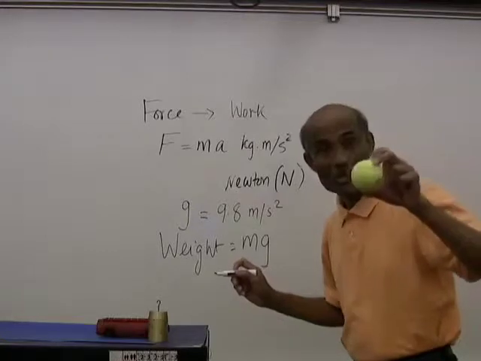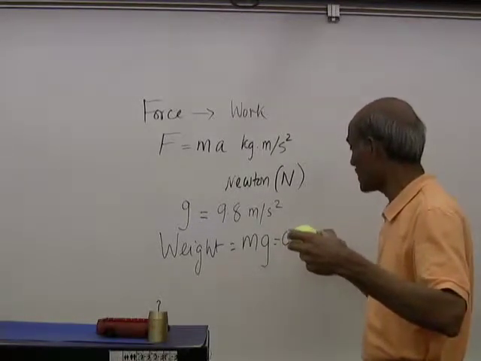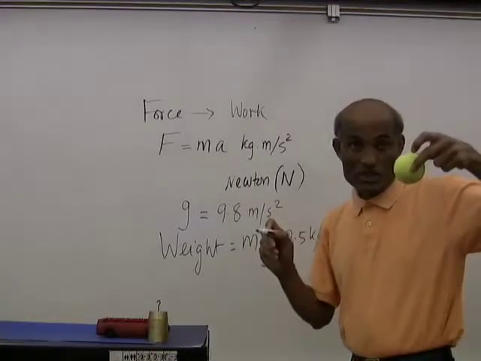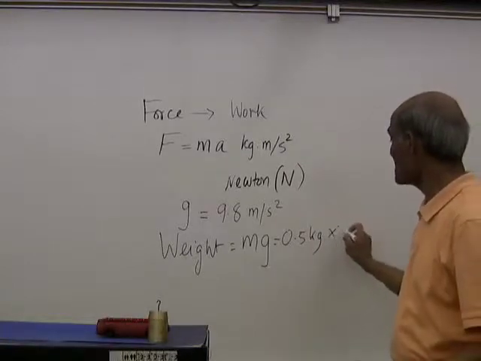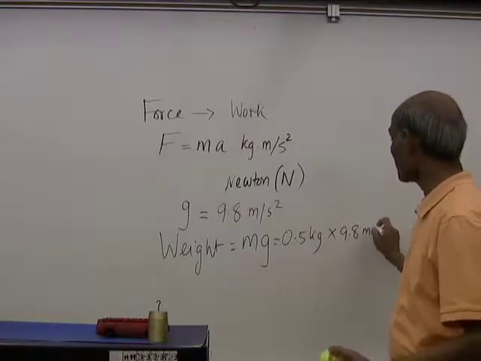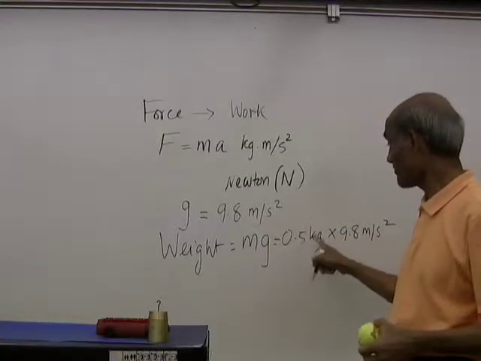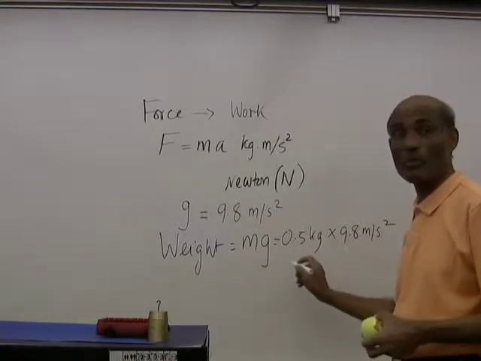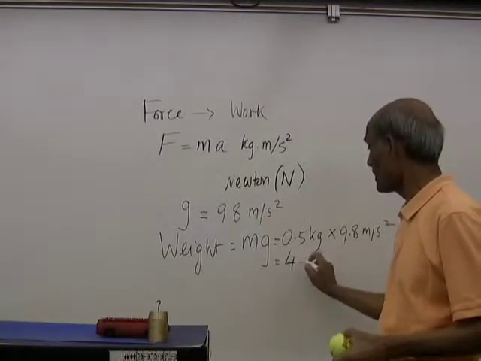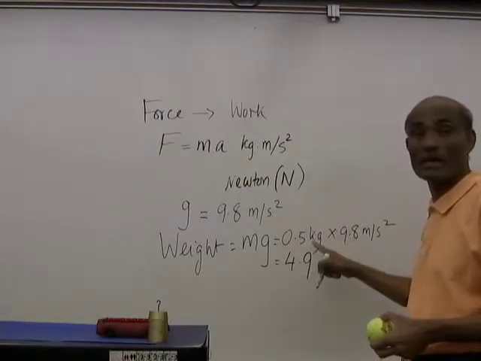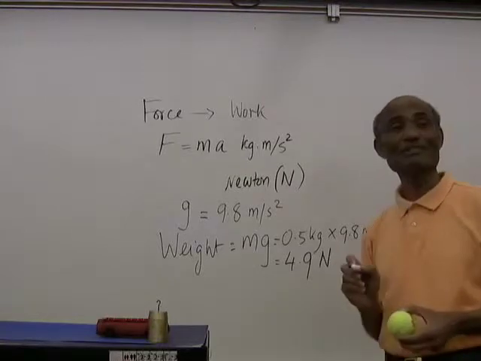So, if this object has a mass of, let's say, 0.5 kilogram, and the acceleration of free fall is 9.8 meter per second squared, and therefore the weight of this object is 0.5 kilogram times 9.8 meter per second squared, which is 4.9 kilogram meter per second squared, is the Newton.